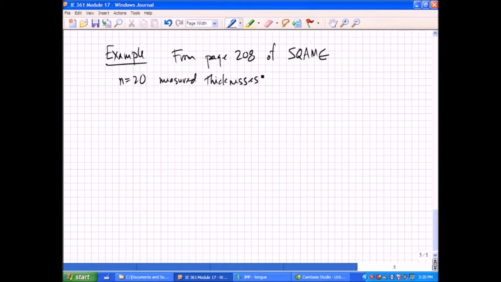So there are 20 measured thicknesses, the smallest of which is 0.1807, the next smallest of which is 0.1811, and so on, the largest of which is 0.1868, and as I remember, these are in units of inches. I believe that's correct.